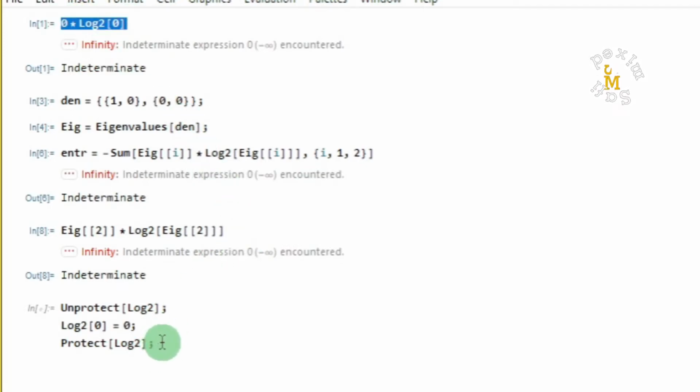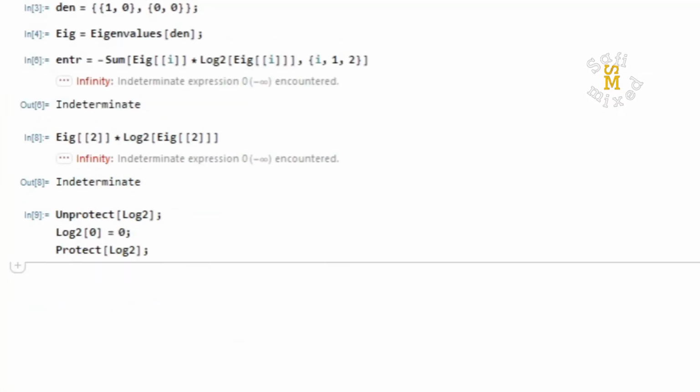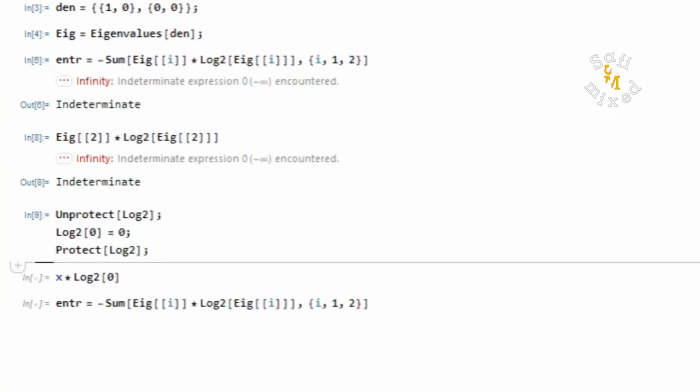Then I again ask Mathematica to protect the command of log to the base 2 for the rest of the values. That is, only this value for the log to the base 2 is omitted from the default of Mathematica, and the rest of the calculation with log to the base 2 will be done with the default of Mathematica. So I run this in Mathematica, and then I want to re-evaluate the entropy relation.